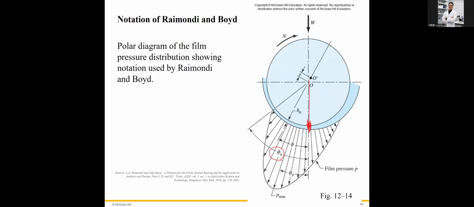The pressure will end at this location. We define the terminating pressure at the angle phi naught, which means you will get zero pressure at this point.